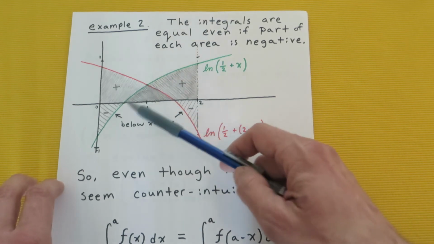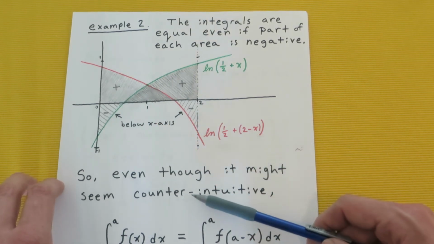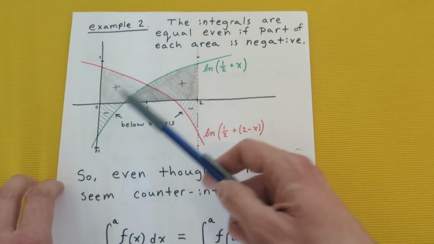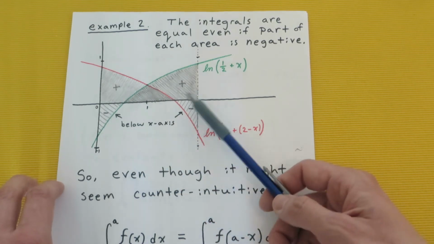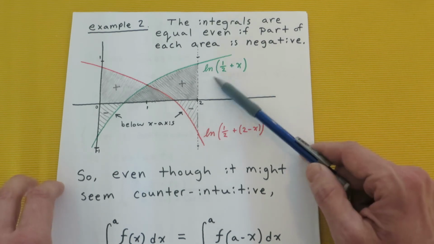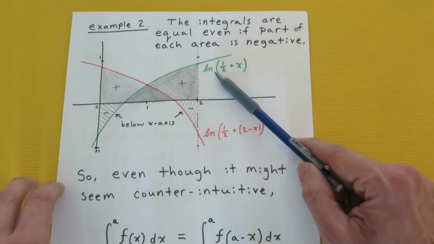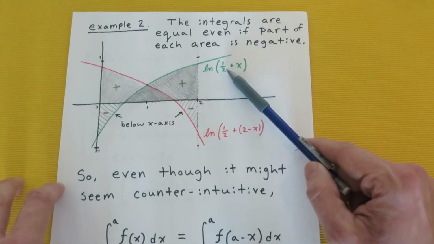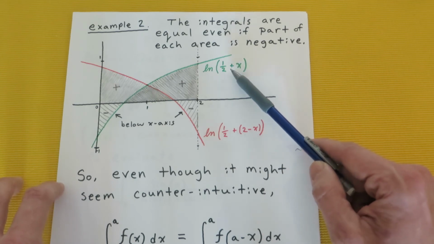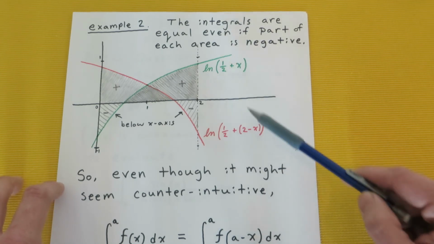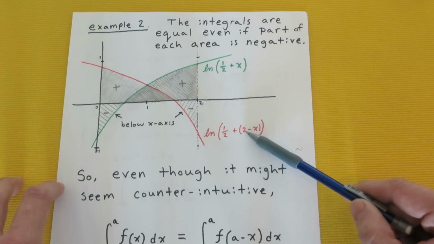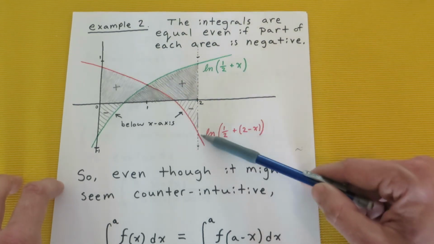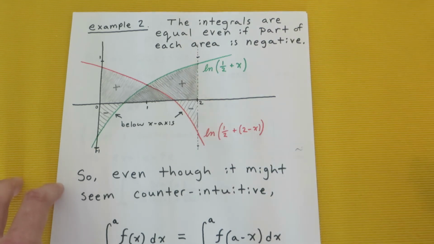And obviously the negative areas get subtracted from the positive areas, and the results are going to equal the same. This was just a natural log function of 1/2 plus x. That's our function there. And then if we just plug in 2 minus x instead of x, then we get our mirror image here in red.